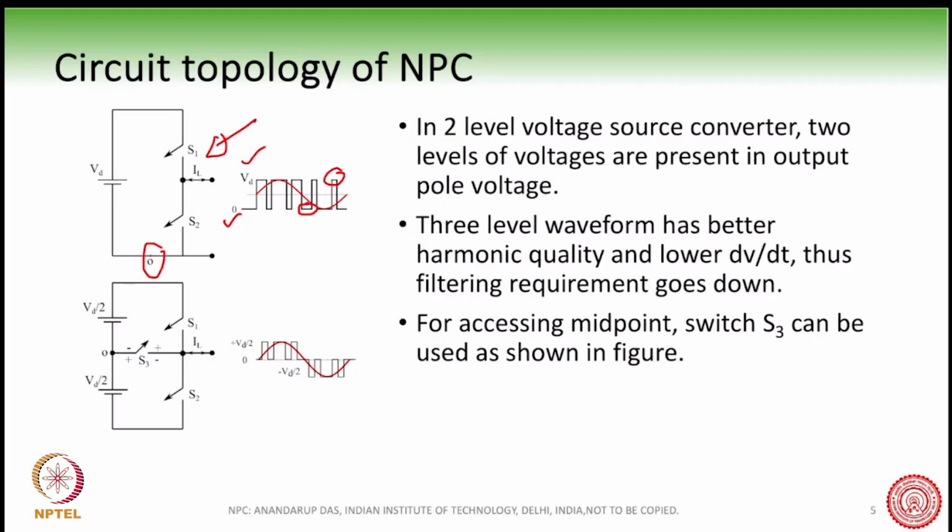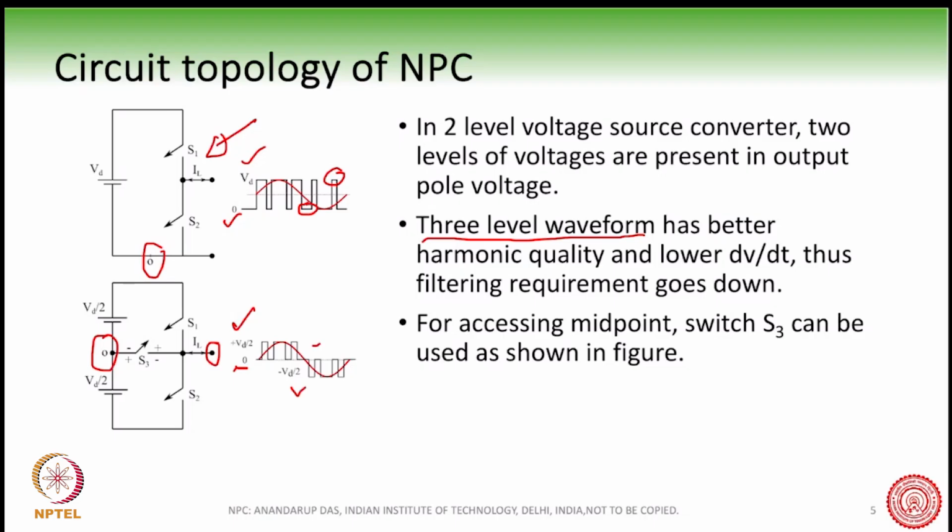Now, if we can make this voltage a three level waveform, what do we mean by three levels? If I take this as the reference point O, this point's voltage has plus Vd by 2, minus Vd by 2 and 0.